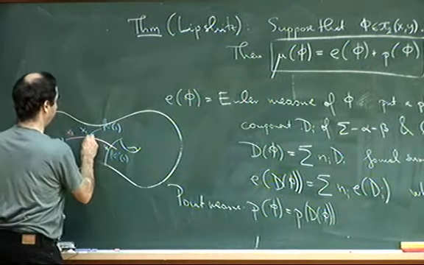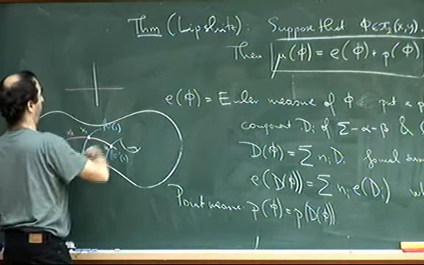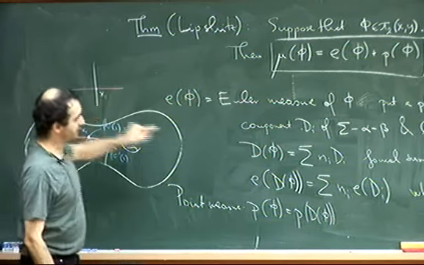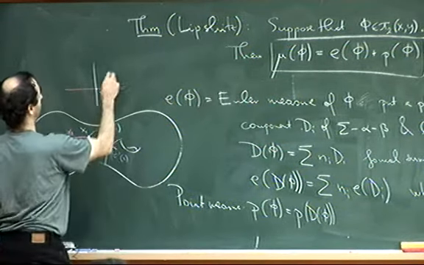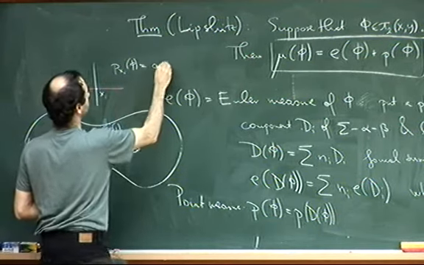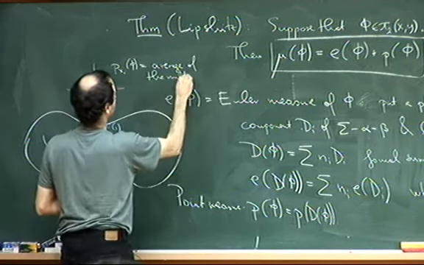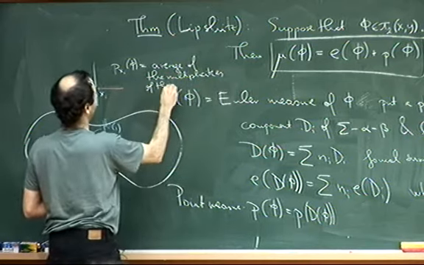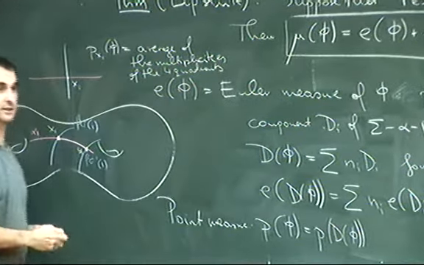So let's pick these points, and at xi, we just take the average of these ni's of the 4 components. So p xi of phi is just the average of the multiplicities of the 4 quadrants. Is that clear?